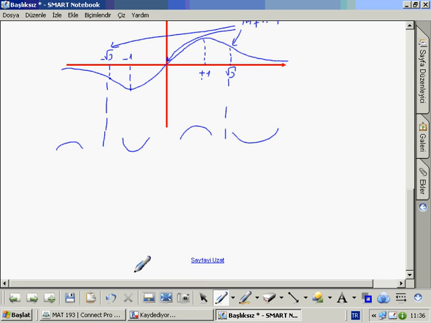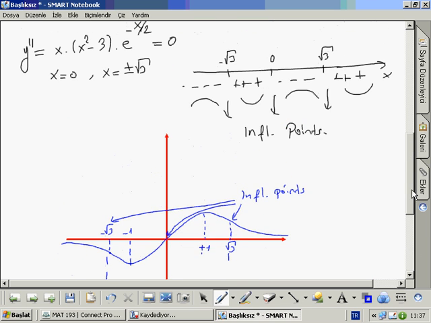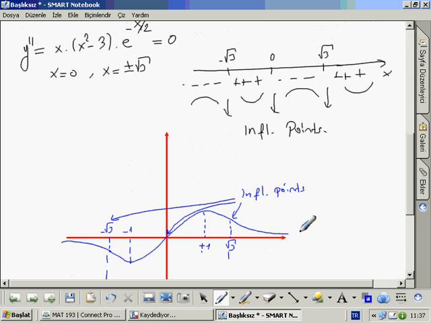Inflection points like that, and the local maxima and local minima points can be seen. This is the graph of our function, which was y equals x times e to the minus x squared over 2.